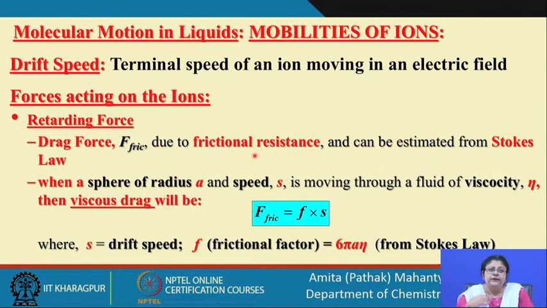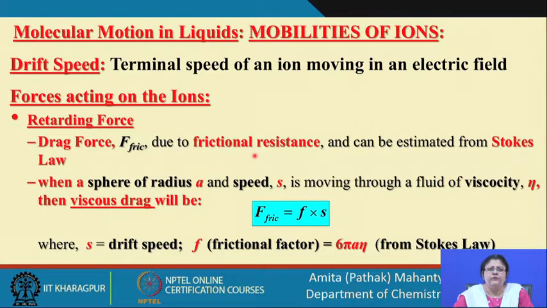If you remember your Stokes law, it also had a similar sort of expression, where you reach the terminal velocity when a particle, molecule or any object is subjected to movement in the solution, where the frictional force and the applied force are balanced, and then you reach a terminal velocity.